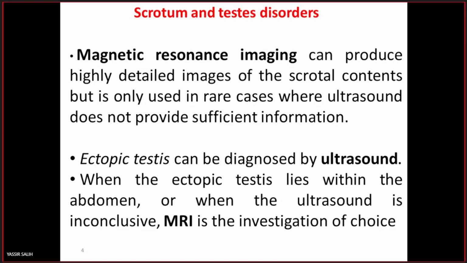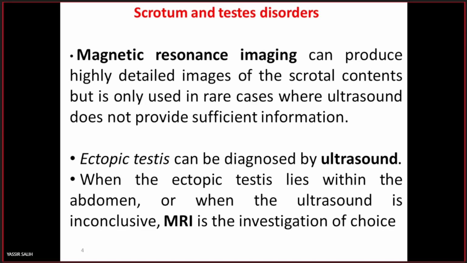Some patients present with an empty scrotum. There is no testis within the scrotum. In this case, the testis may be arrested away from the scrotum, and this testis does not reach the scrotum. So you have to search for this testis.